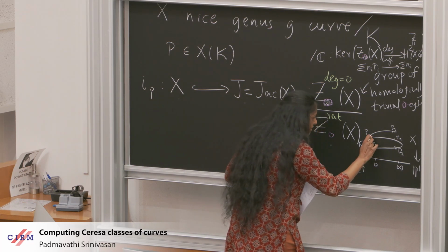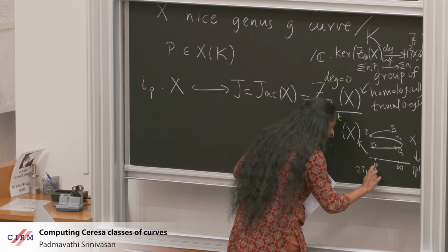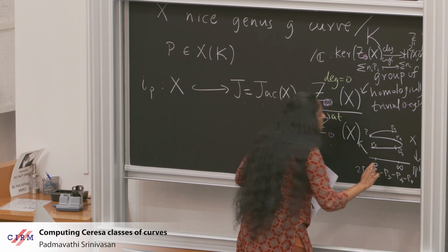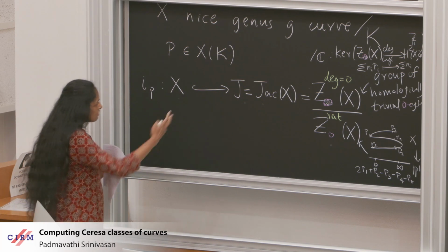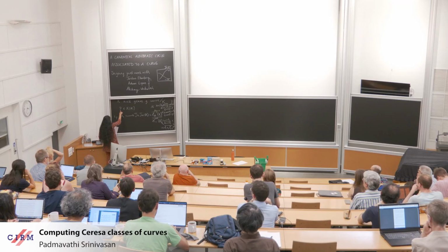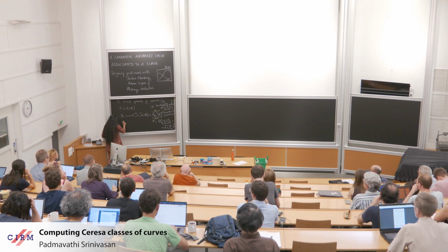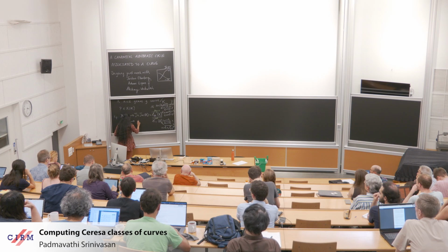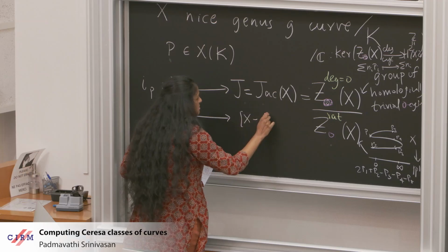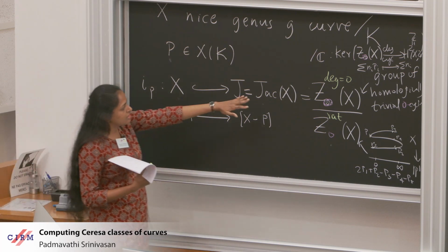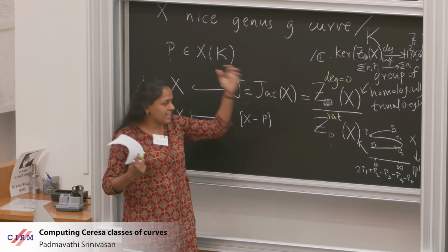I mean, this is a fat point, so things like this. Right. So we've embedded our curve inside this very natural group. So we use this base point to send x to this degree 0 algebraic cycle, x minus p.